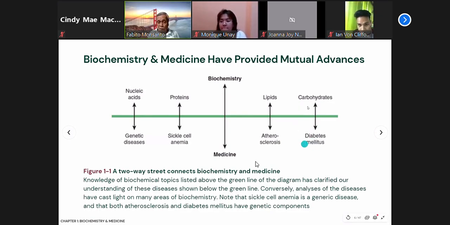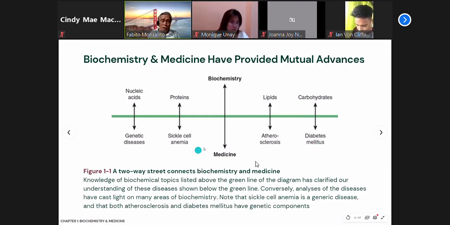The problem in carbohydrates for your diabetes mellitus has to do with insulin, the hormone that regulates your carbohydrate metabolism. So without insulin, the sugar cannot get into the cell and cannot be utilized.